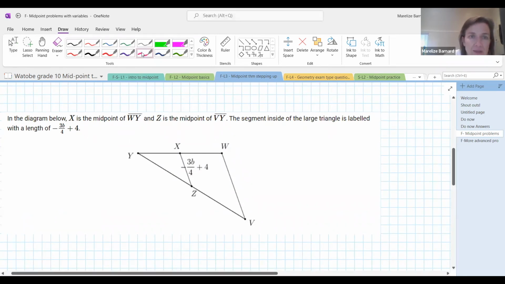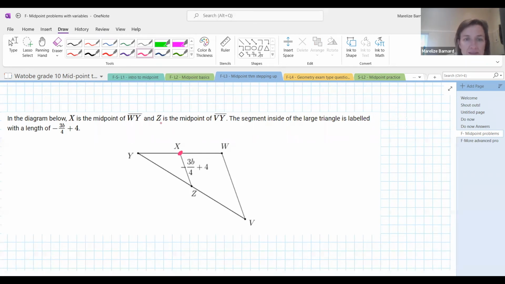And let's get some nice colors. We've got X is the midpoint and Z is the midpoint. So already we can do that. And then say, right, XZ is going to be parallel to WV, and WV is twice XZ.